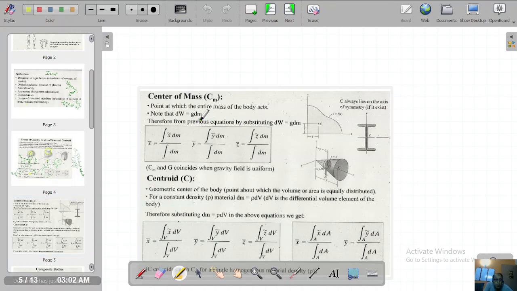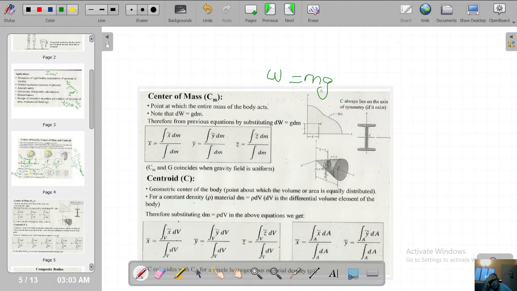In the previous slides we were having x tilde times the dw. Now, we know very well that w is nothing but equal to m times g.